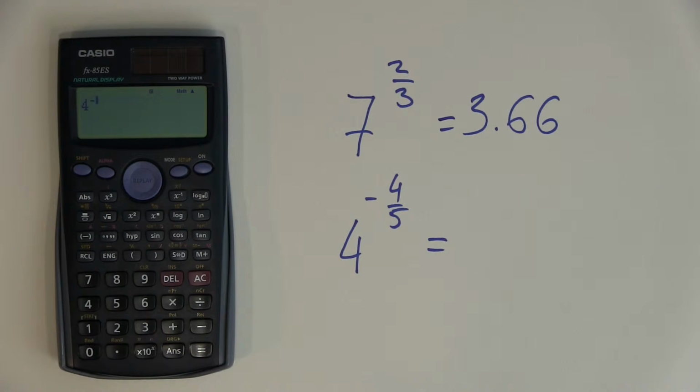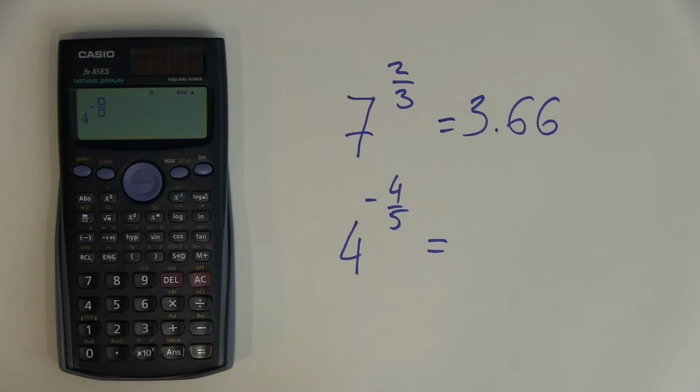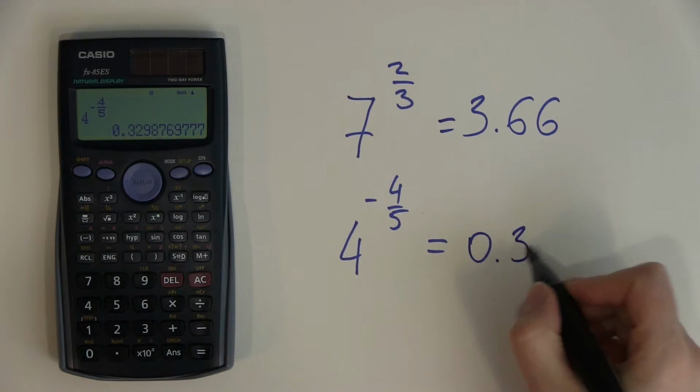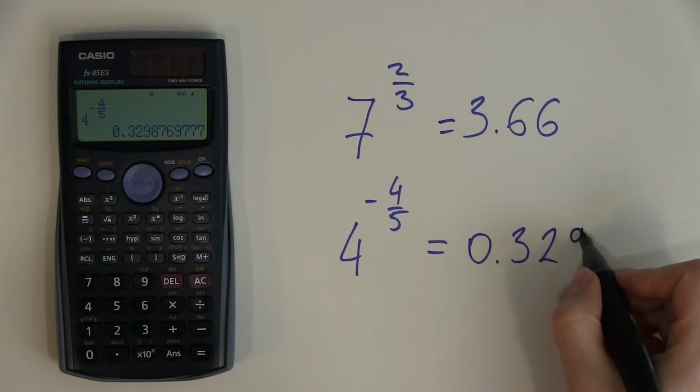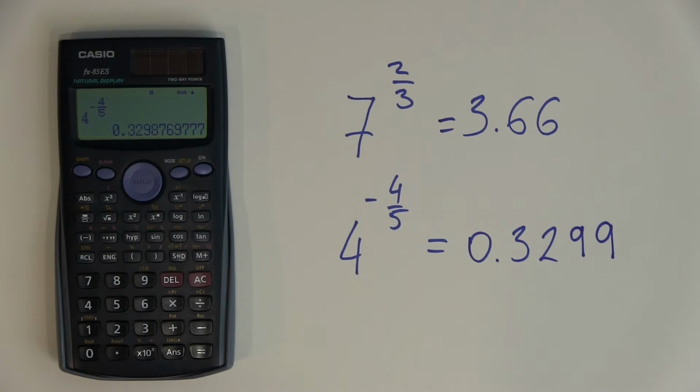They both give me the same thing. And then I need to press the fraction, because I need to tell the calculator that I want it to calculate a fractional power. So numerator is 4, come down to the denominator, which will be 5, and then hit the equal sign. So this will be 0.3299 to 4 decimal places.